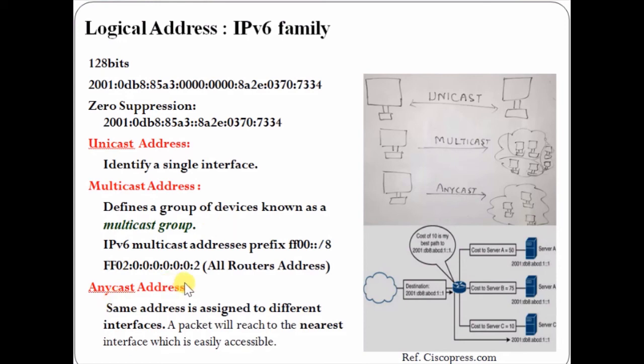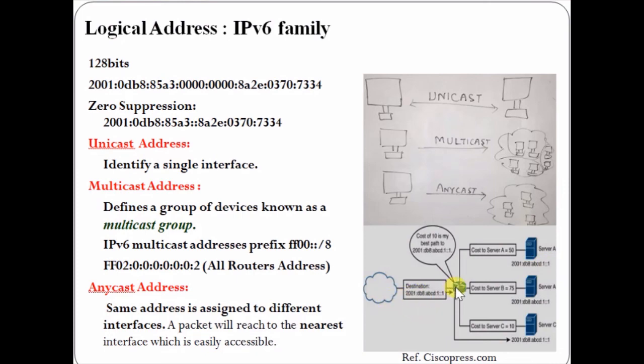An anycast address again means sending to a group of computers. But the difference between the multicast address and the anycast address is that the data packet will reach the particular computer that is most easily accessible. Here this is the group of computers, sharing the same prefixes. For example, this is the IP address for servers A, B and C. They have the same IP addresses.